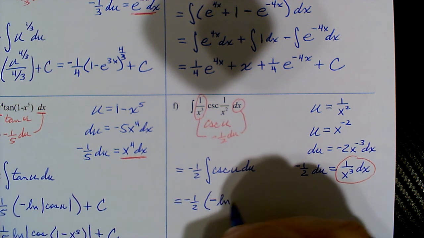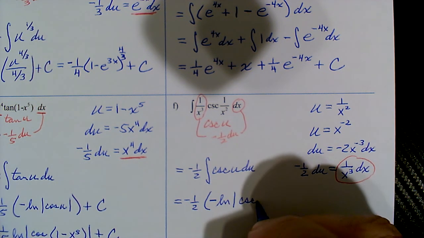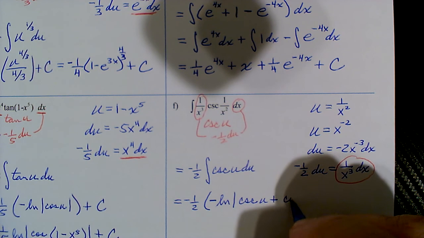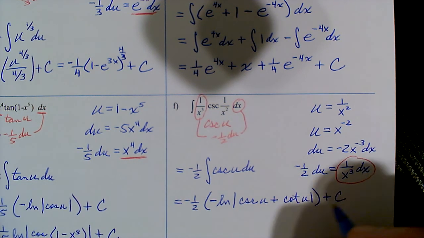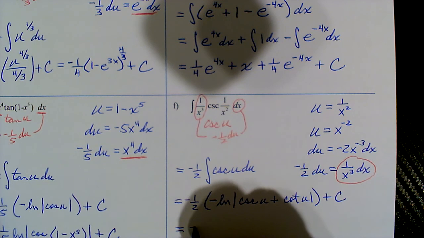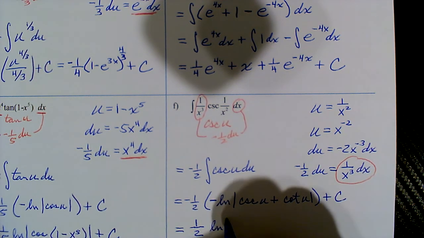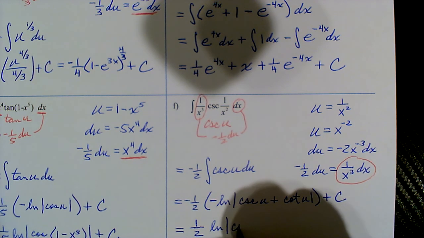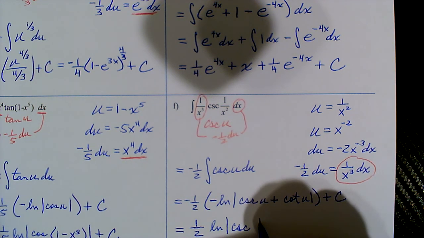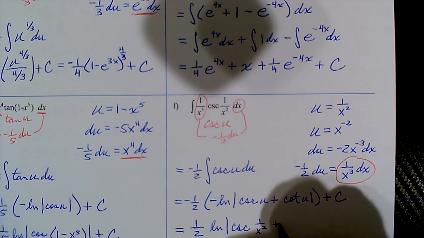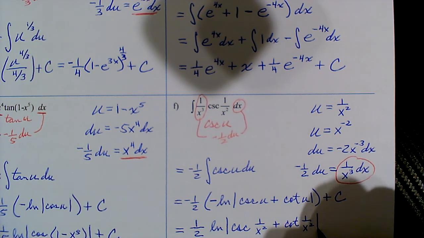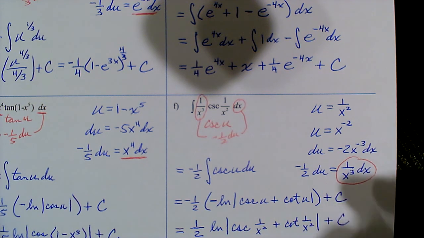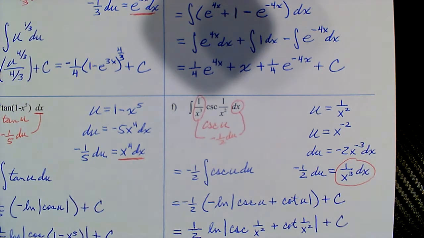And cosecant integrates to be minus natural log absolute value cosecant u plus cotangent u, close up the absolute values, plus a constant, and finally back substitute, so it looks like double negatives make positive, 1/2 natural log absolute value cosecant of u, which is 1 over x squared, plus cotangent of the same u, 1 over x squared, close up the absolute values, and again, don't forget the constant.